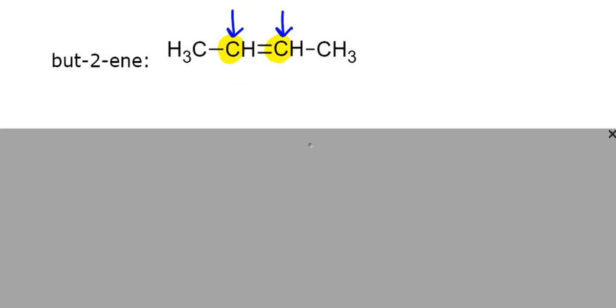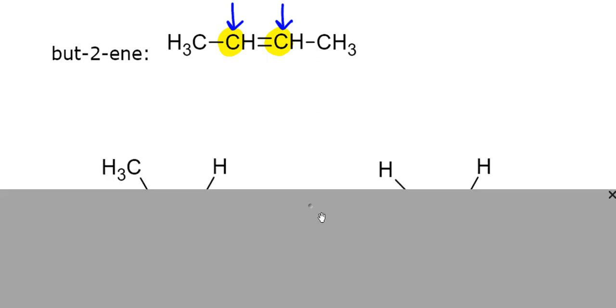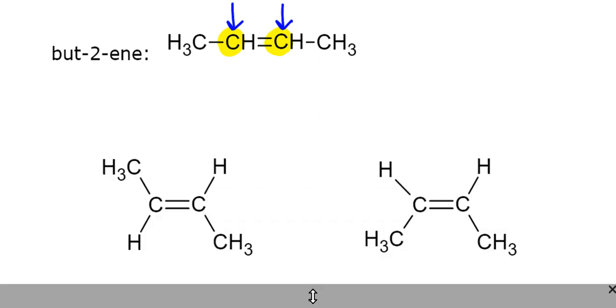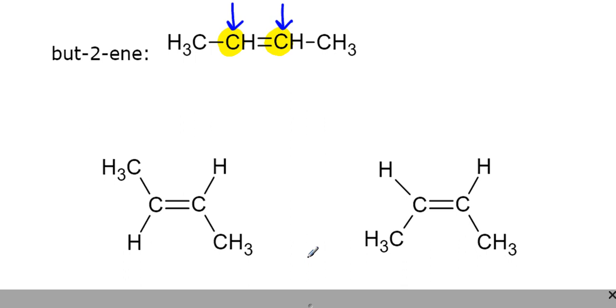So let's look at those diagrams. If we were to expand them around where the double bond is, you can see here's the carbon. We'll number them for reference. 1, 2, 3, and 4. This could be one way where they're going downwards, or 1, 2, 3, 4.